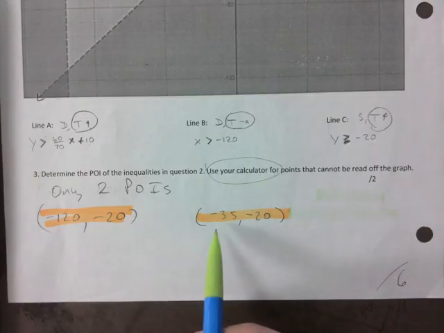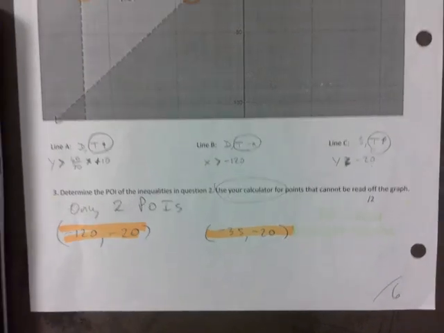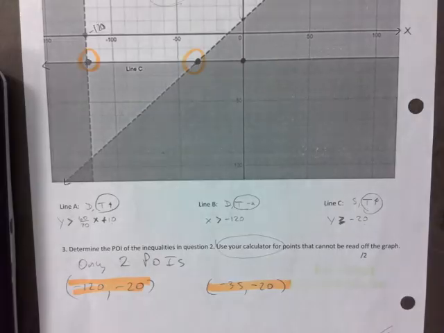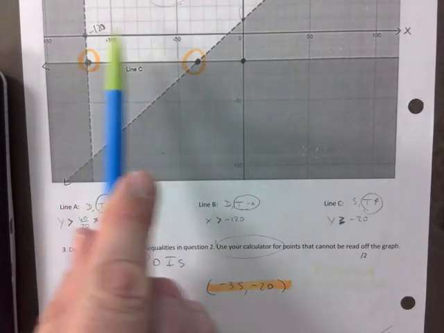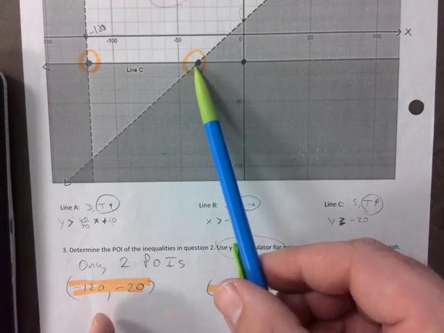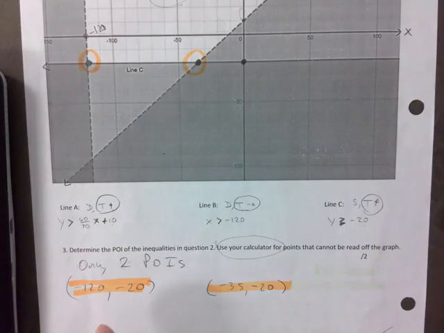I'm going to show you them in orange. On the graph, look at this. The x-intercepts and y-intercepts do not count as POIs because it's not a word problem. Okay? So it's just that. And so these ones I wanted you to use the calculator, type these equations into your calculator and get it that way just to practice that.